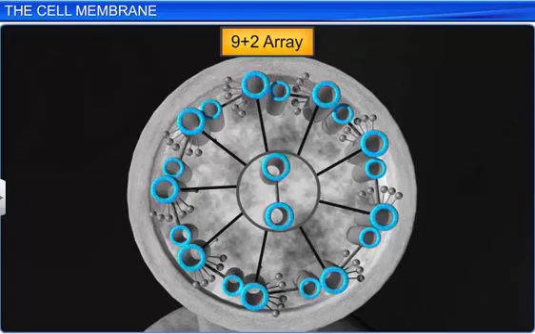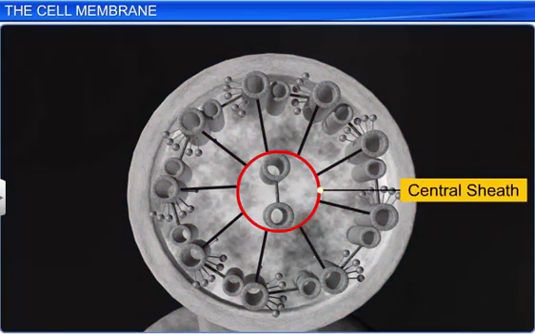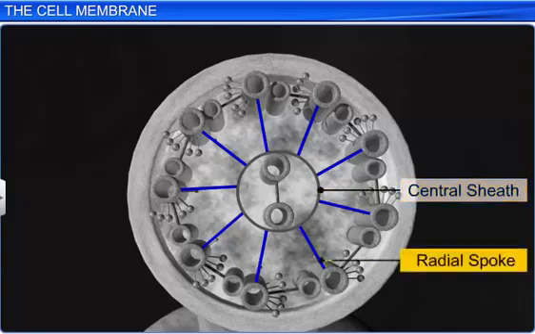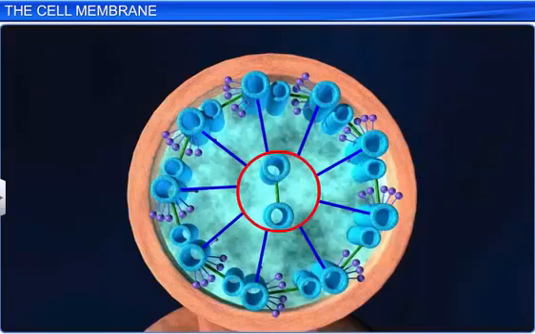The central microtubules are enclosed by a central sheath, which is connected to one of the microtubules of each peripheral doublet by a radial spoke. The peripheral doublets too are interconnected by linkers called an interdoublet bridge.